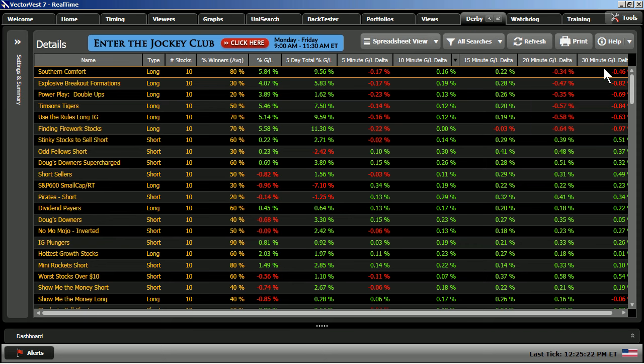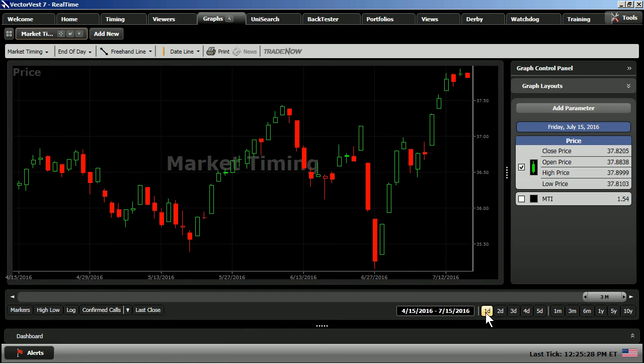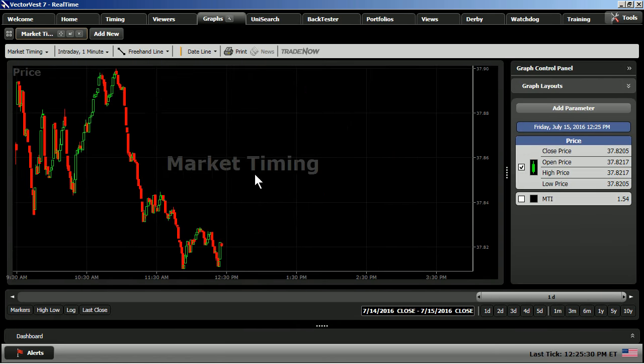And I think the best practice to implement using these delta features is by going to a market timing graph. For example, if I just go to a one-day graph here, we could see that the market steadily fell right off of the 1055 high. And let's just say you get to this point where you say, boy, market's really falling.